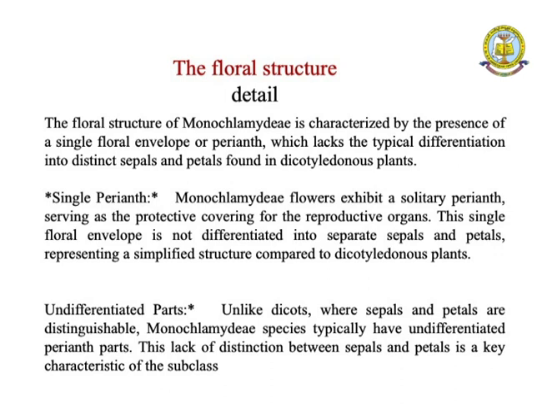Monochlamydeae flowers exhibit a solitary perianth, serving as a protective covering for the reproductive organs. The single floral envelope is not differentiated into separate sepals and petals, representing a simplified structure compared to the dicotyledons.